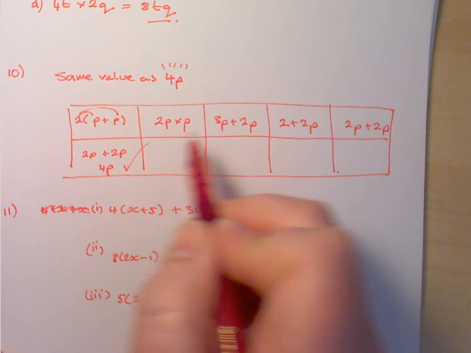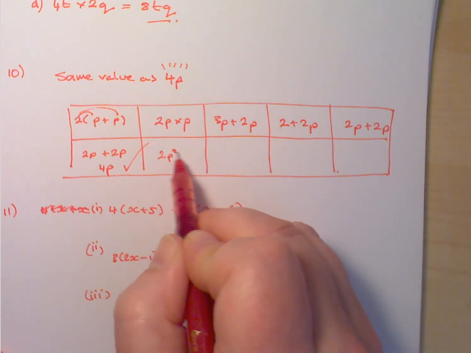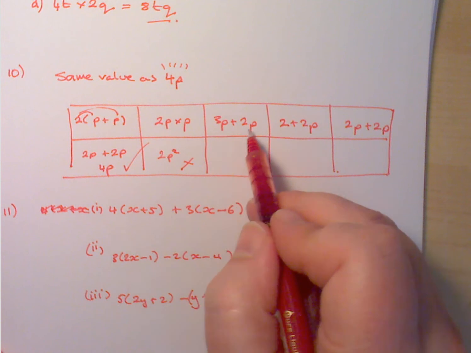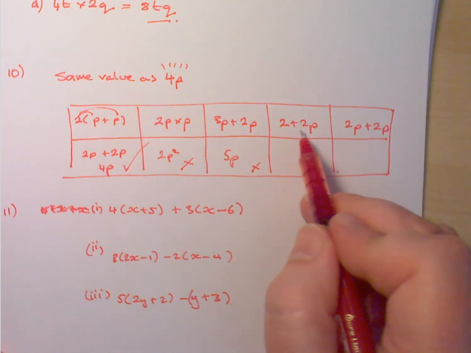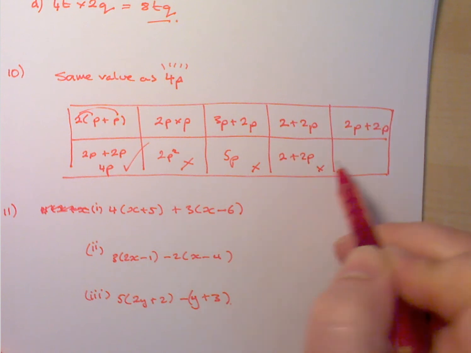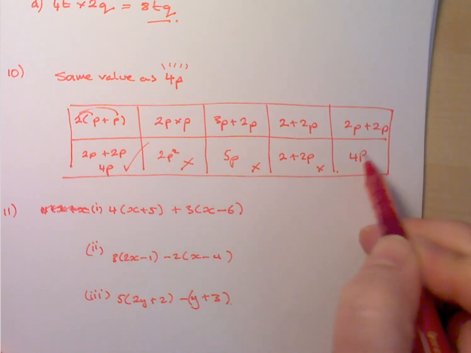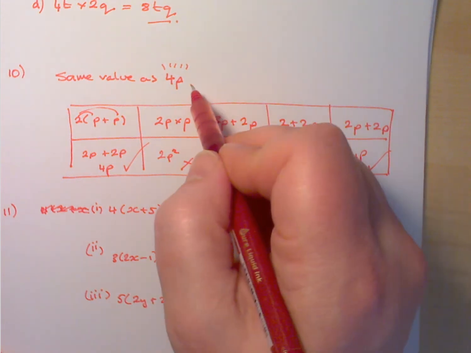So that's a good one. This one is actually going to give me 2p squared, so that's no good. And this one gives me 5p, so that's no good. This one, these are not like terms, so you can't add them, so you just have to leave them separate. Here, that's obviously equal to 4p. So those are the two that are equal to 4p.